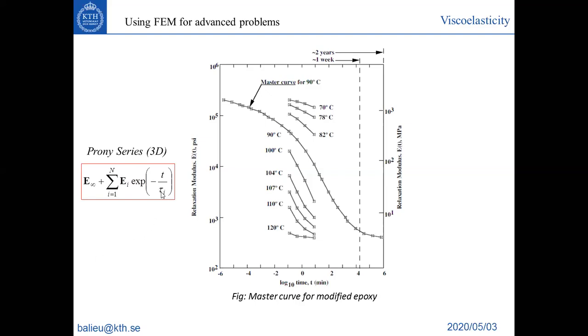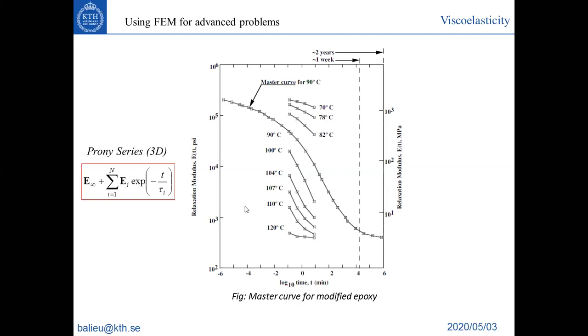So usually we fix this term, because these tau i characteristic times are used to model the behavior at different characteristic times. So that means we can have a wide interval. You can take, for instance, every power of 10 seconds, if you work in the log scale.